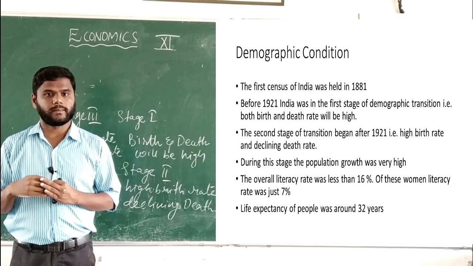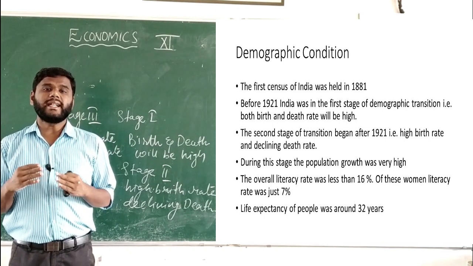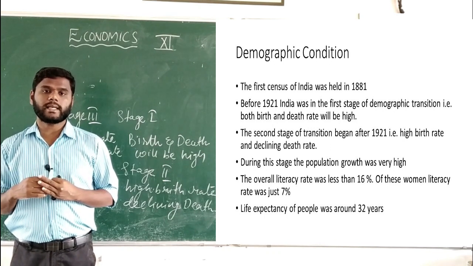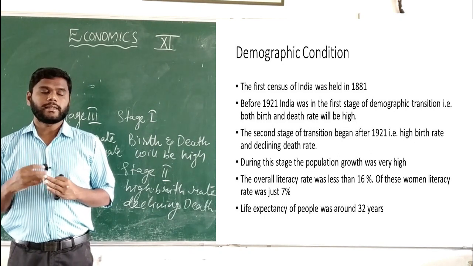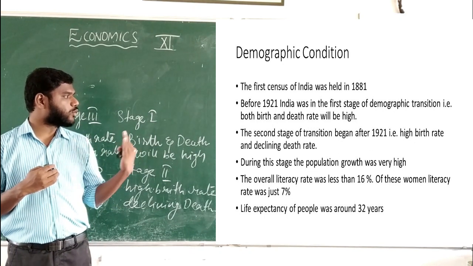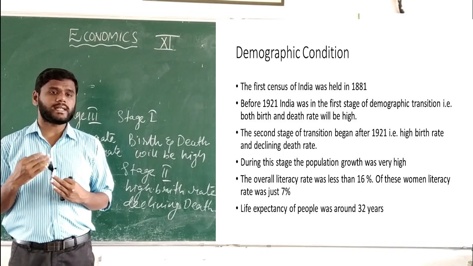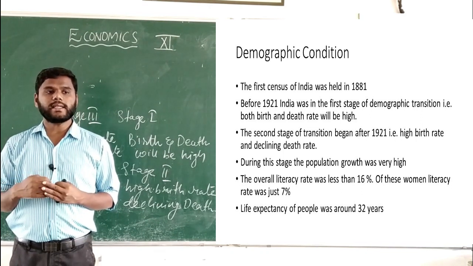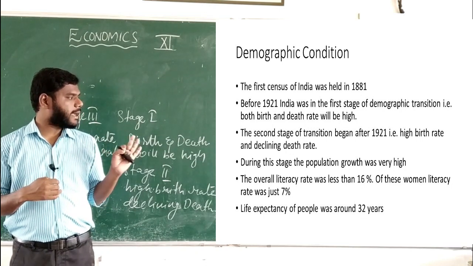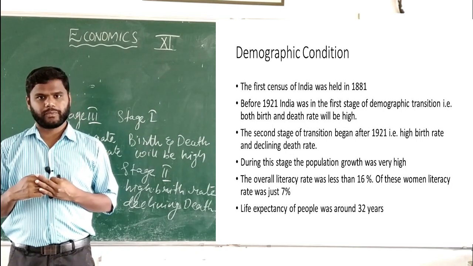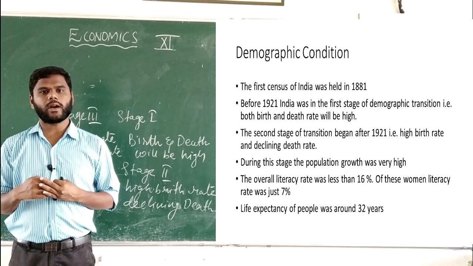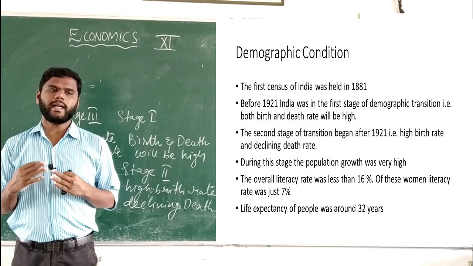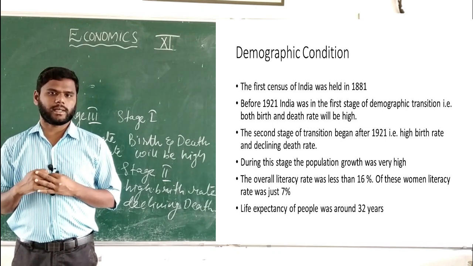And the literacy rate was 16%. The female literacy rate was just 7%. And the life expectancy of the people was around 32 years. ഒരു 32 വയസ്സ് ആണ് അവരുടെ ലൈഫ് എക്സ്പെക്റ്റൻസി എന്ന് പറയുന്നത്.